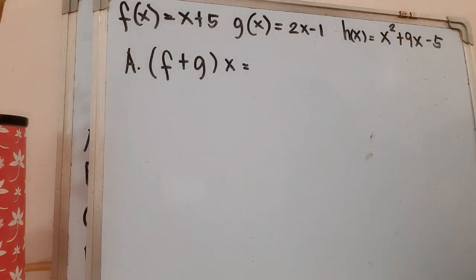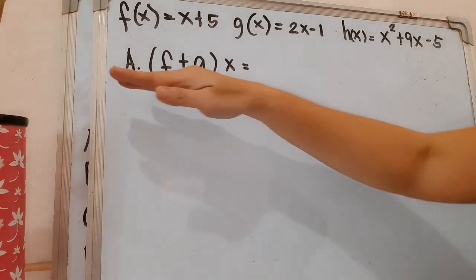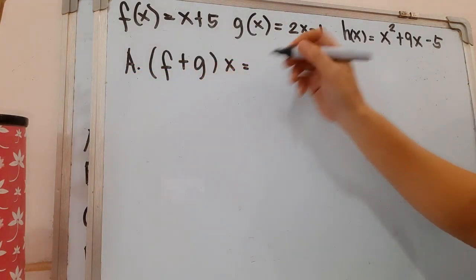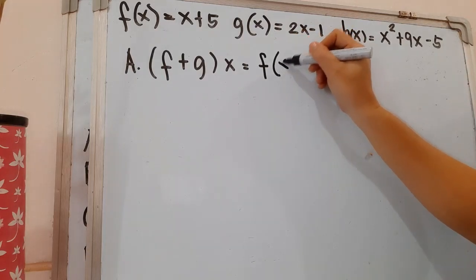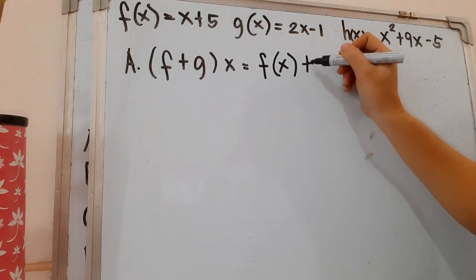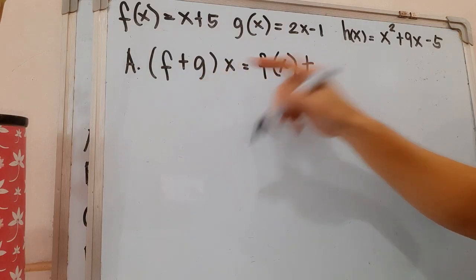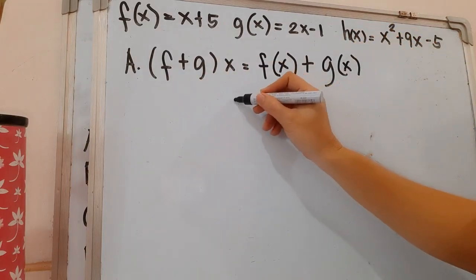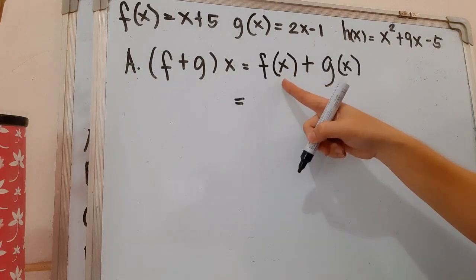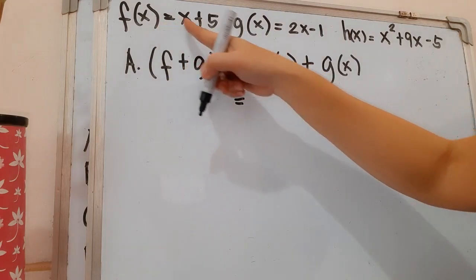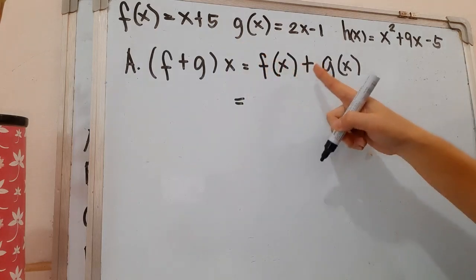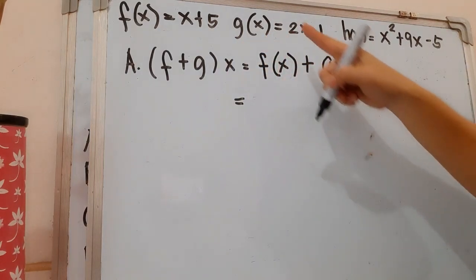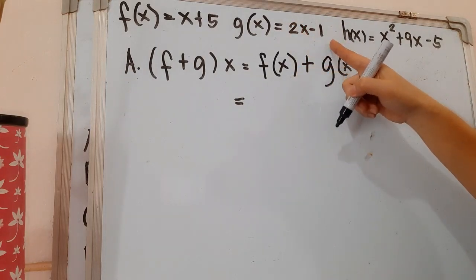Here is the solution for our A. The quantity f plus g of x, this will become f of x plus the second function, g of x. After that, we will now substitute the value of f of x, which is x plus 5, plus the second function, the value of g of x, which is equal to 2x minus 1.